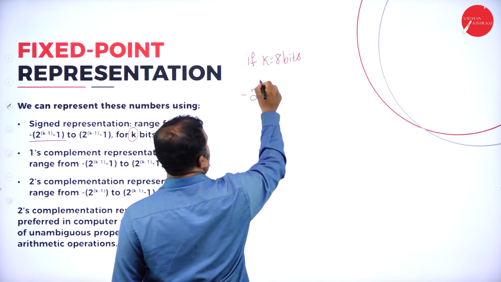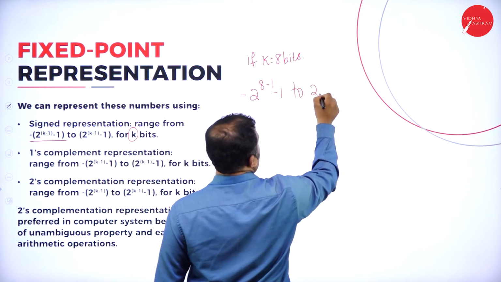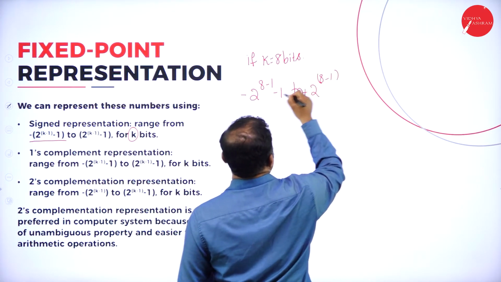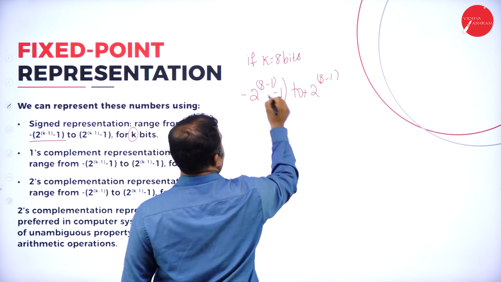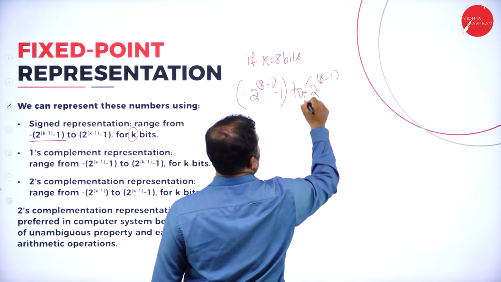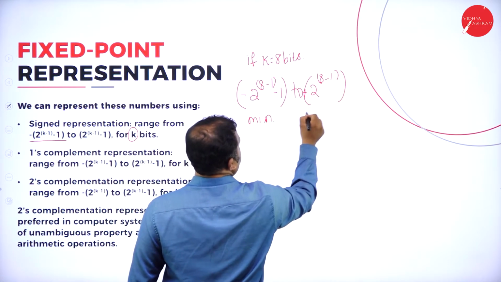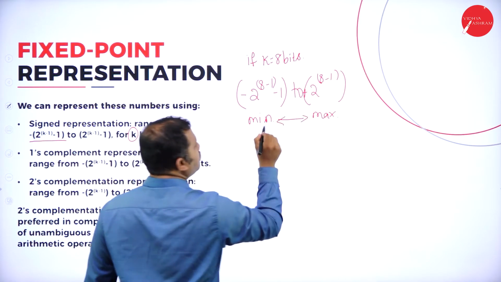Minus 2 to the power of 8 minus 1, to plus 2 to the power of 8 minus 1 minus 1. This is the minimum value. This is the maximum value. So from minimum to maximum, what is the range we have here?